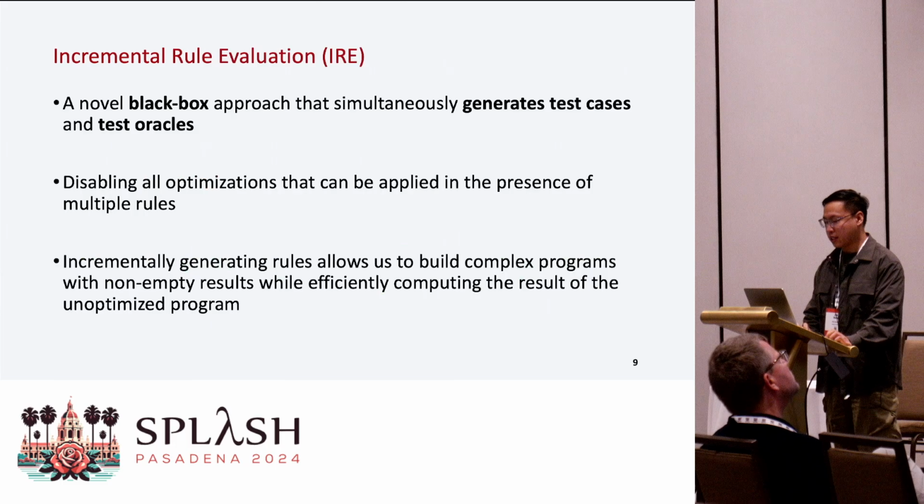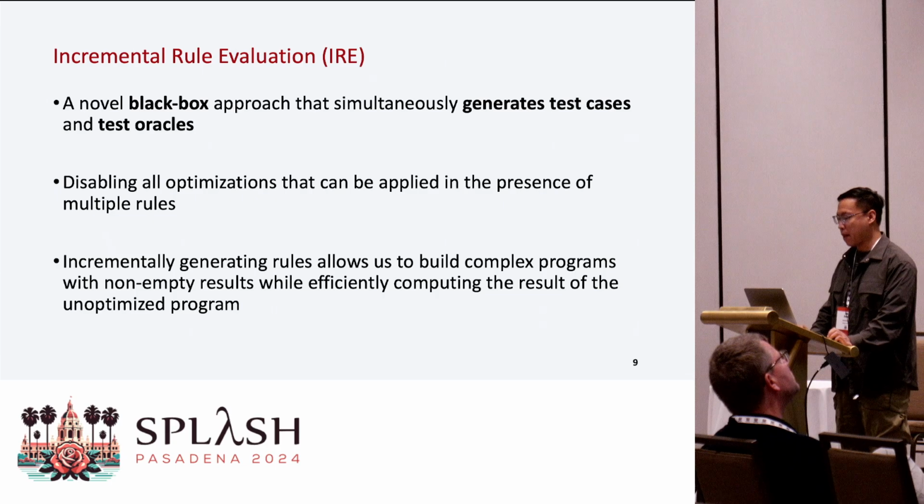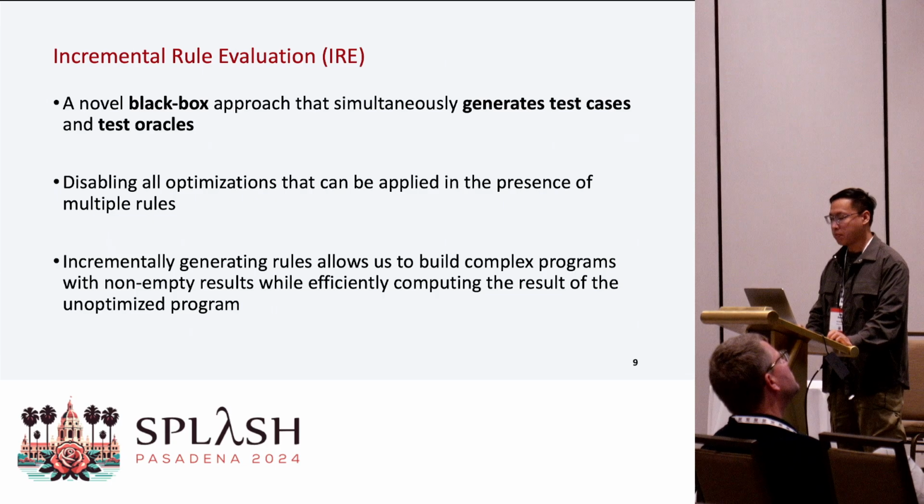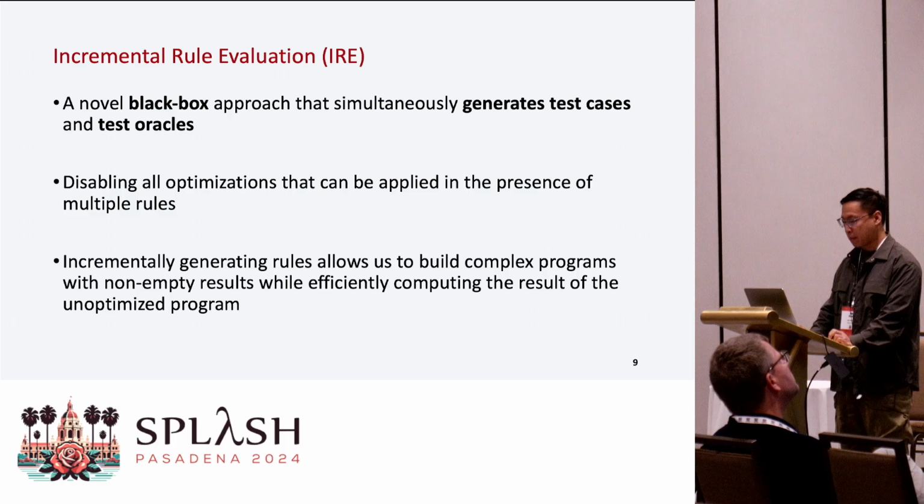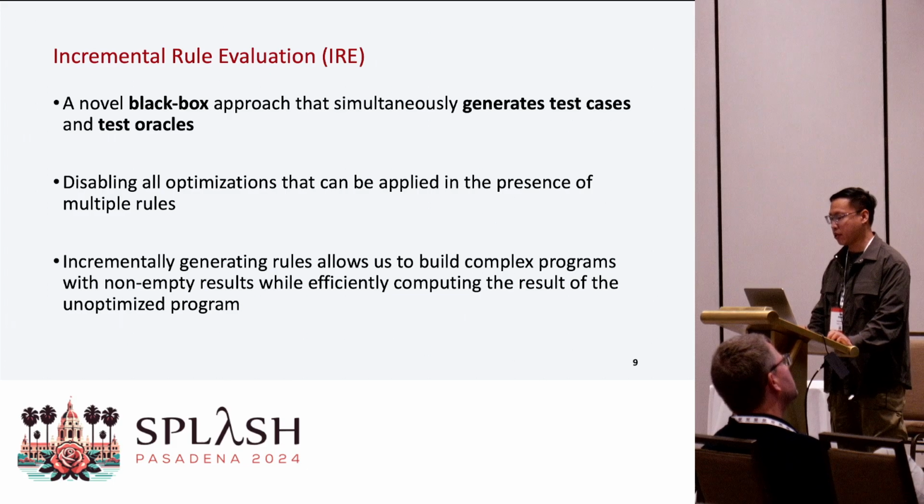To detect cross-rule optimization bugs in Datalog engines, we propose a new black box test approach named Incremental Rule Evaluation. We incrementally build the test case and individually evaluate the newly added rule.